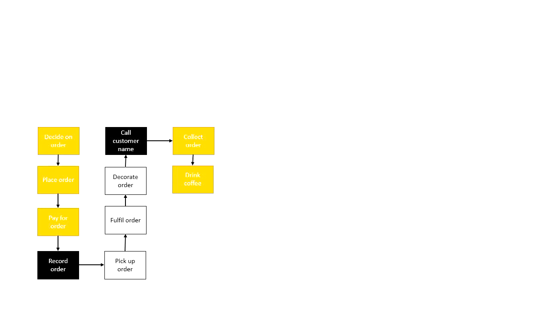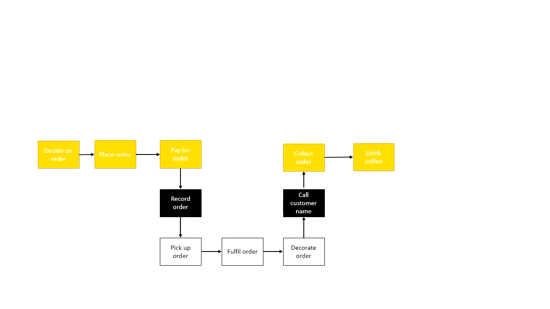But let's try and make it a little bit better. What if we do both? If we do similarity and proximity? I think that looks even better, because now you can see along the horizontal grouping we've got the roles, and along the vertical grouping we've got a time sequence.